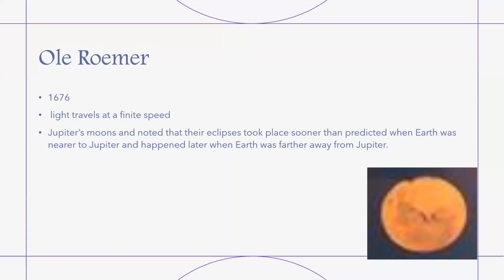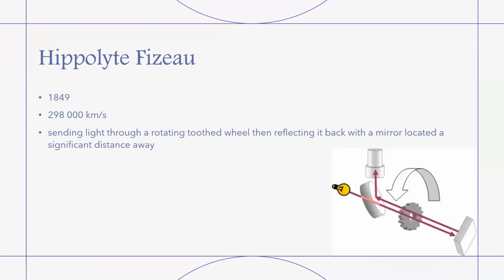He noticed a difference depending on the position of Earth relative to this moon. What this would mean is that the time difference meant the light was actually traveling a different length path, depending on how the orbits of the moon and Earth lined up.